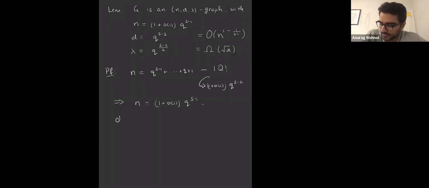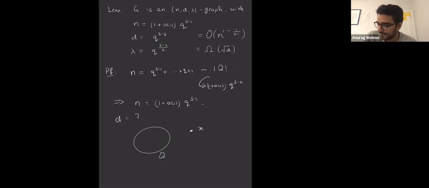What about d? For that, we will use some of our theory from the polar spaces. Going back to the picture, we have Q, which is the quadric. We have a non-singular point, which is a vertex of our graph, x. And we want to see how many points lie in x perp, the orthogonals of x.